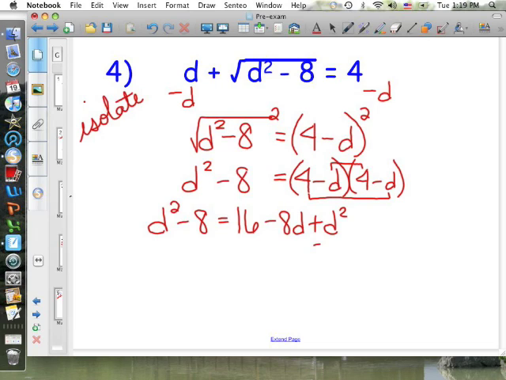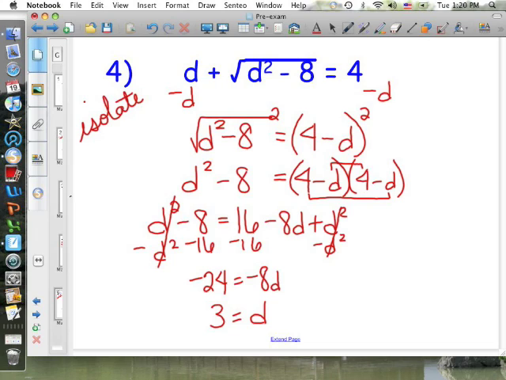If you try to bring all your d squareds over to the same side, what happens is they all go away. And so now you simply have an equation with d in it. If I subtract 16 from both sides, I have negative 8d is equal to negative 24. Divide both sides by negative 8, and d is equal to 3.